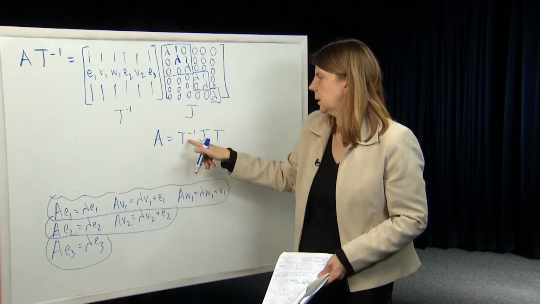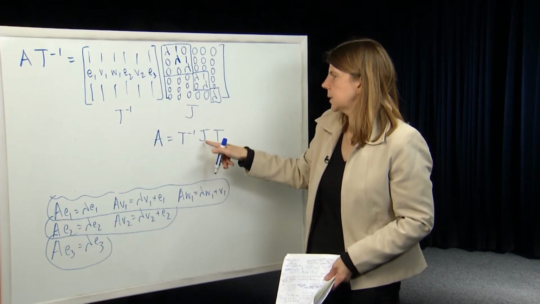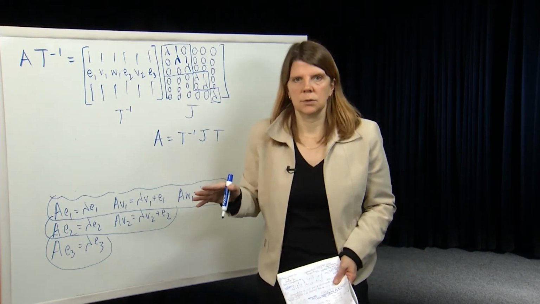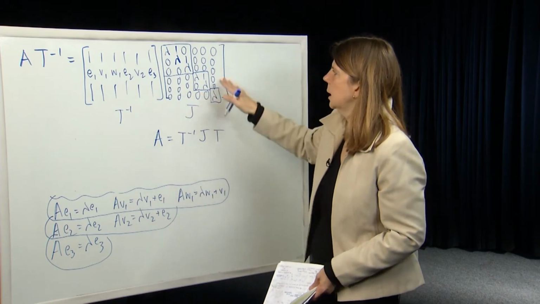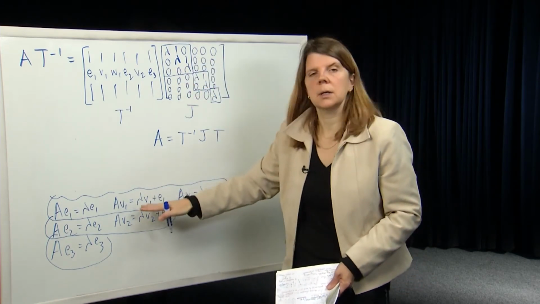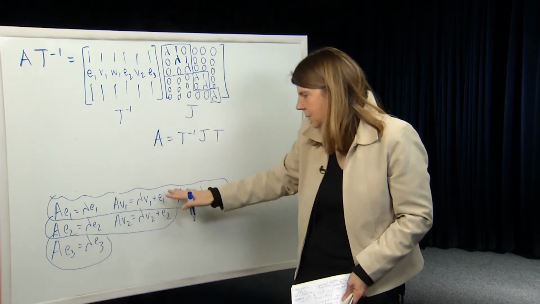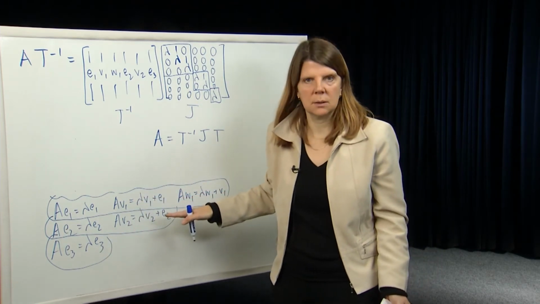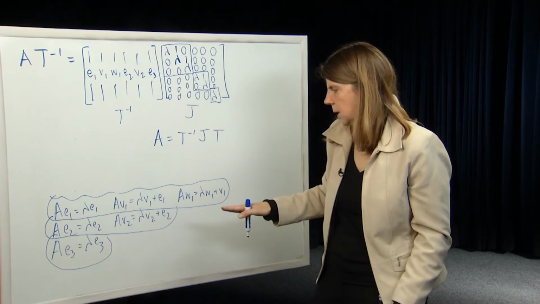So this matrix T inverse, it's invertible, and this says that for any n by n matrix A, you can construct a Jordan form by constructing eigenvectors, and then really these are just mathematical entities that we define as generalized eigenvectors.